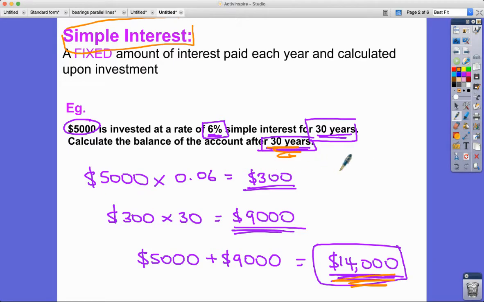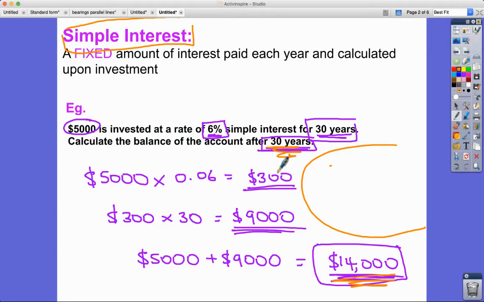Imagine that you were to think about how much money you had after 10 years. You could have taken your money out at that point and reinvested it. 6% at that point would have been far more than $300. We could even work it out.